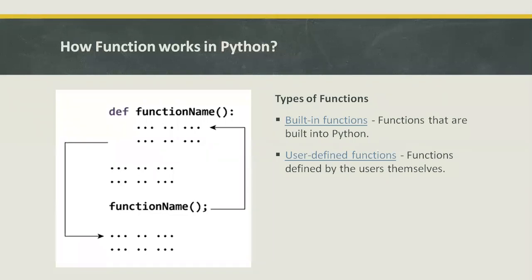Then user-defined functions, which are functions defined by the users themselves. So now we will define a function and use it. This function belongs to the category of user-defined functions.